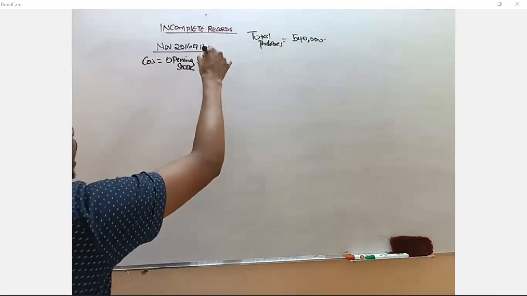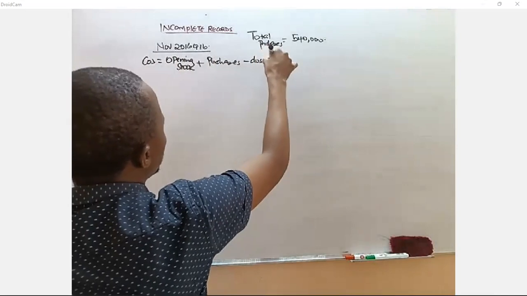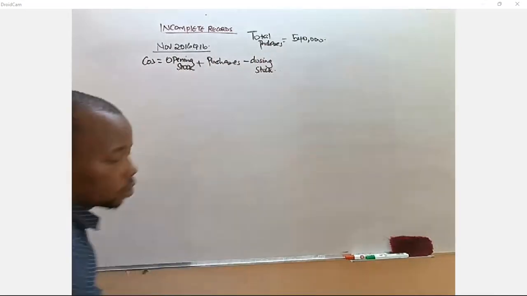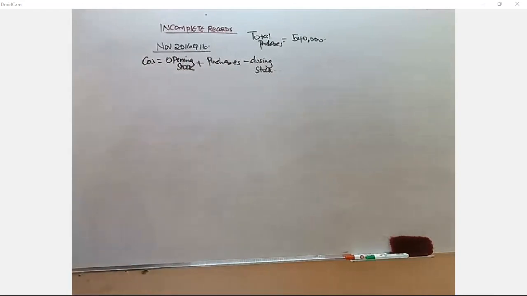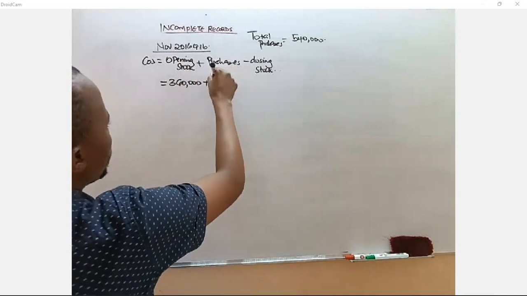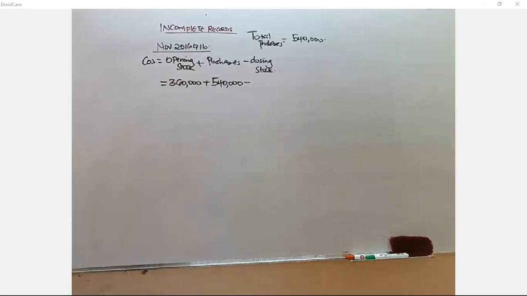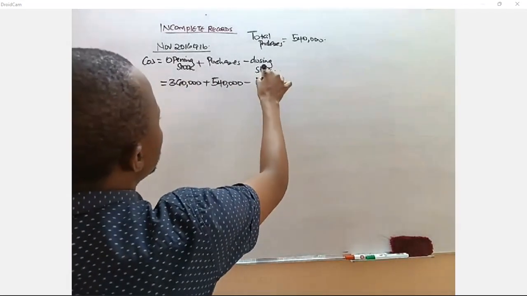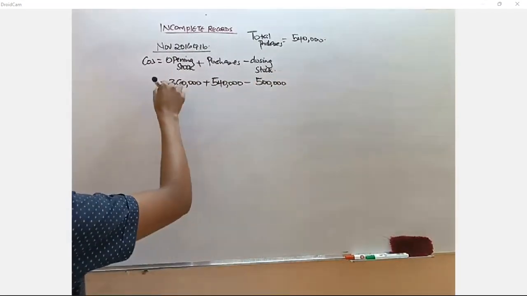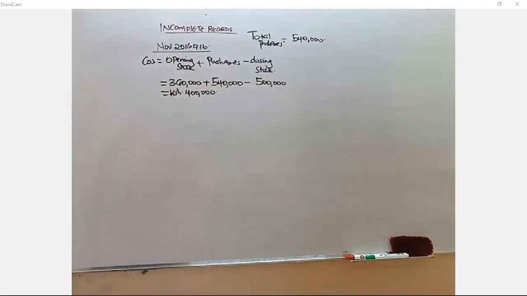Take your opening stock, add your purchases, then minus closing stock. The opening stock already exists on note number 2, in the area of inventories. We are being given the opening as 360,000. Our purchases, we were able to get 540,000. Then my closing should be 500,000. So it means my cost of sales should be around 400,000. Now, I just want to start my computation.